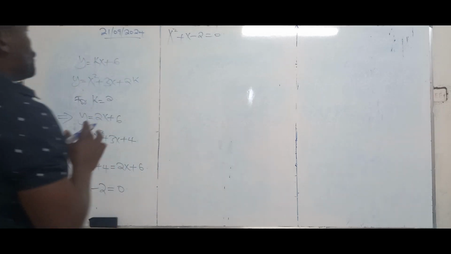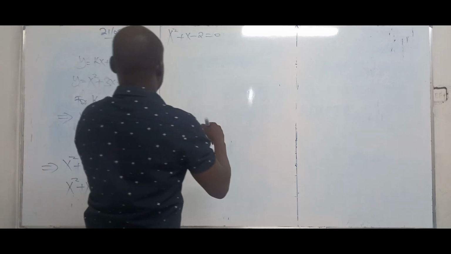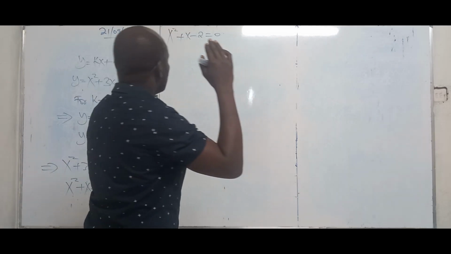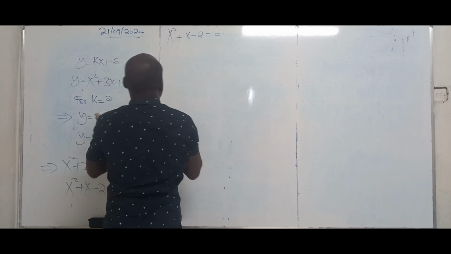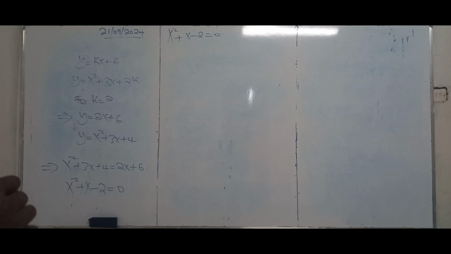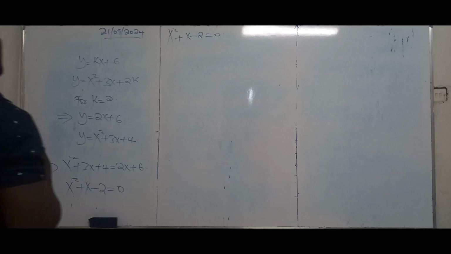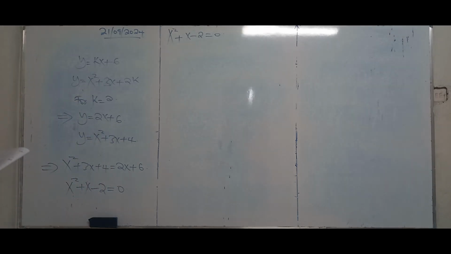So I'm looking for two numbers whose product is negative 2 and sum is positive 1. What are these two values?